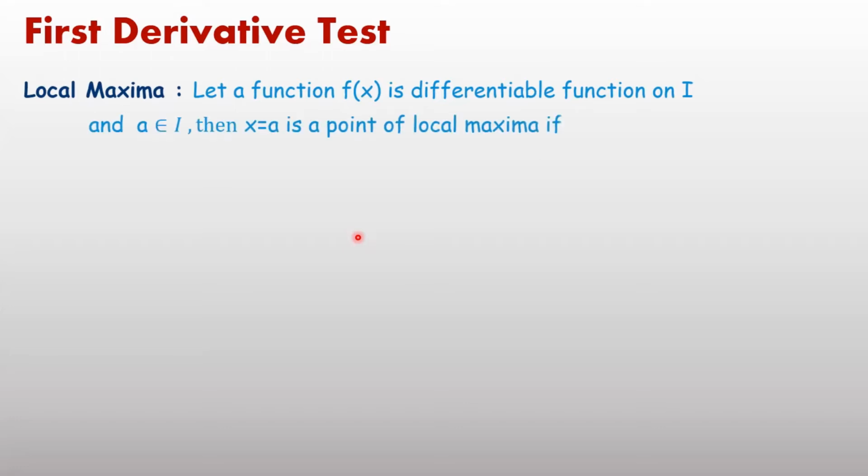Local maxima and minima we can also find using the concept of derivative, and that is known as the first derivative test, which we study in the application of derivative.